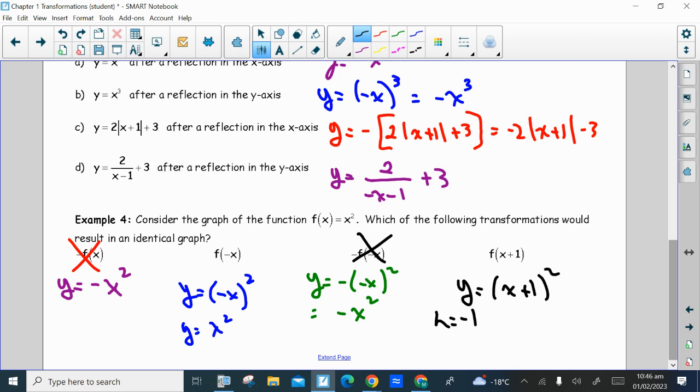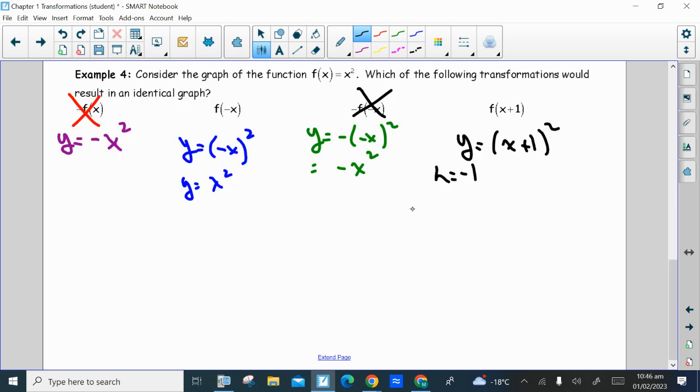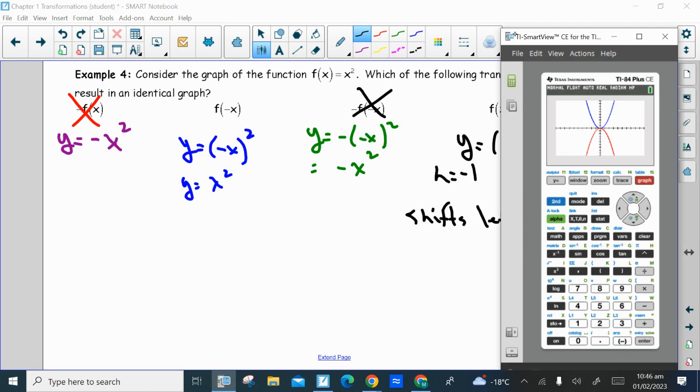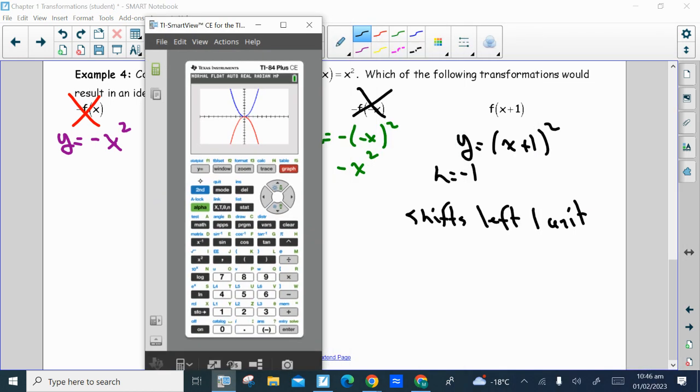The x was squared, so the x minus h should be squared as well. So this equation tells us that the h value was negative 1, which means the graph would shift 1 left. Obviously, it's going to give us a different graph. And we can see what it looks like in our calculator by putting in brackets x plus 1 all squared.